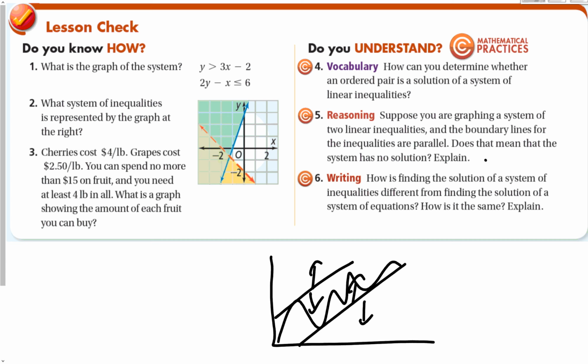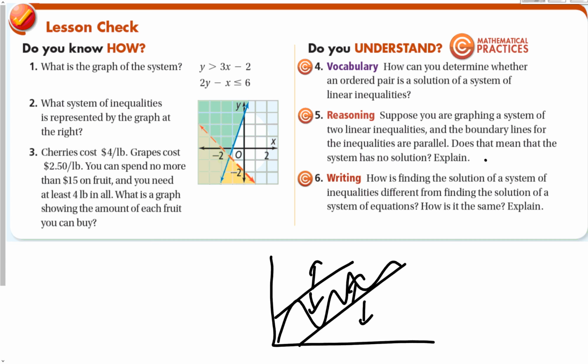How is finding the solution of a system of inequalities different than finding the solution of a system of equations? How is it the same? Well, it's different because we're not going to use substitution, we're not going to use elimination, we're just going to graph the system. And that is a way to solve a system of equations, of equalities. So that's how they're the same.